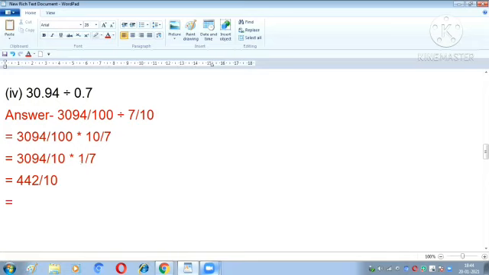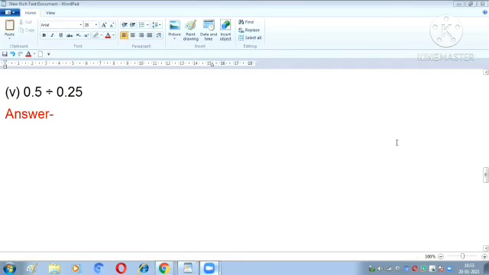So this will equal to 44.2. Okay, because here is only 1 zero. So we will remove one digit from the right hand side. Okay, so the answer of fourth bit will be 44.2.